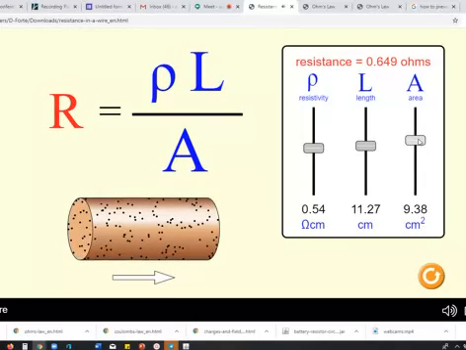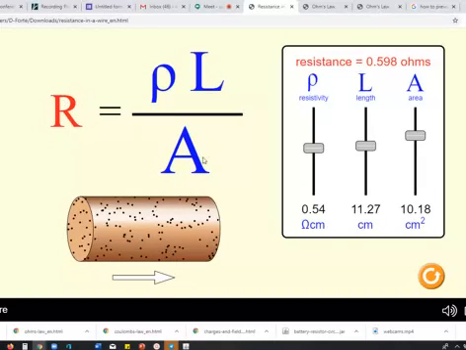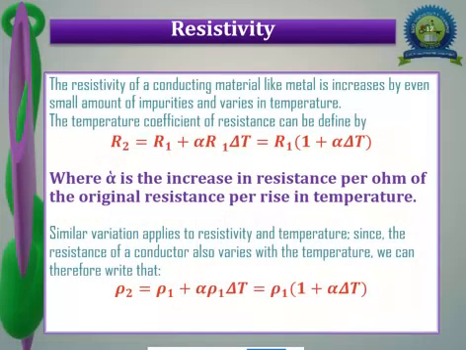And that explains that resistance is inversely related to area. When area increases, resistance decreases. When rho increases, resistance increases. When length increases, resistance increases. Okay?